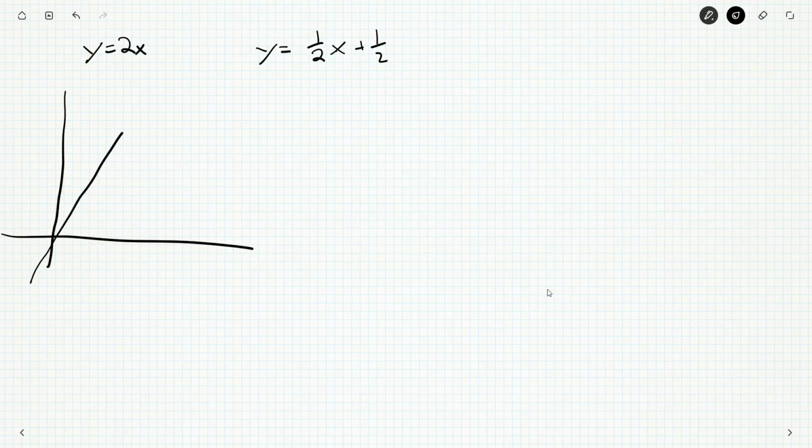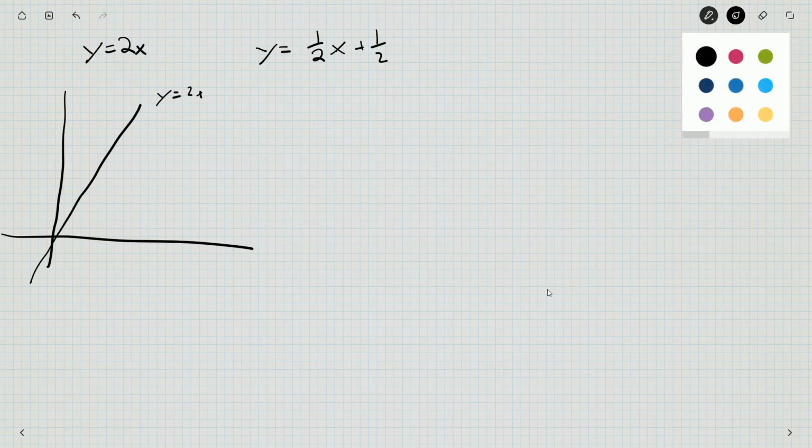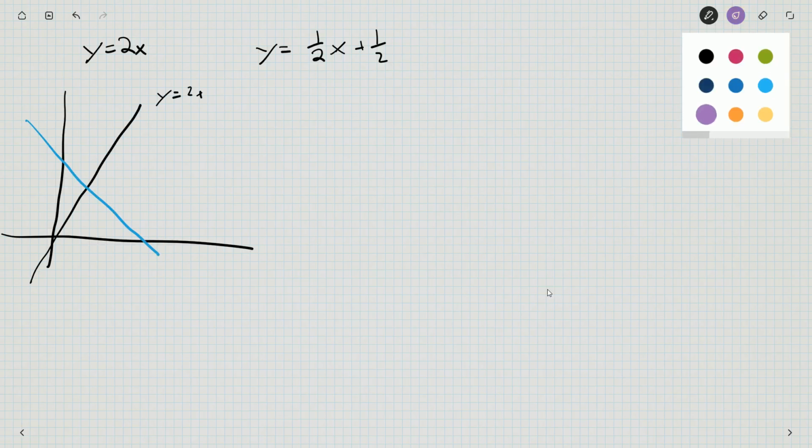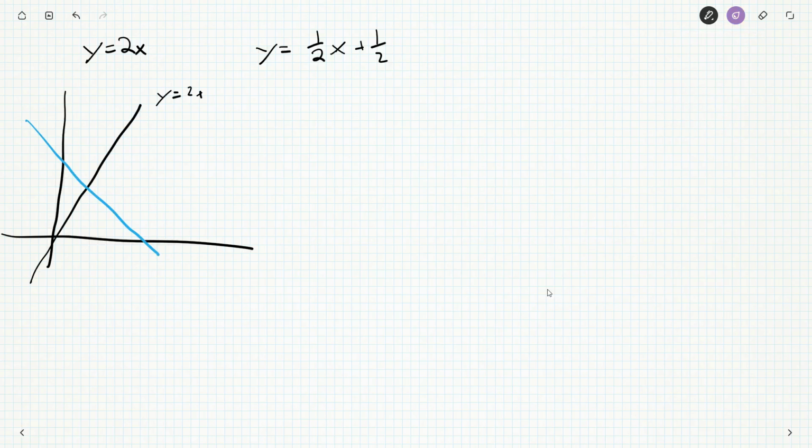Okay, so our y equals 2x is here, and then we'll put our blue line back in. And then we want this reflection line, and I'm claiming that that's 1/2 x plus 1/2. Okay, so they both have an intersection point.